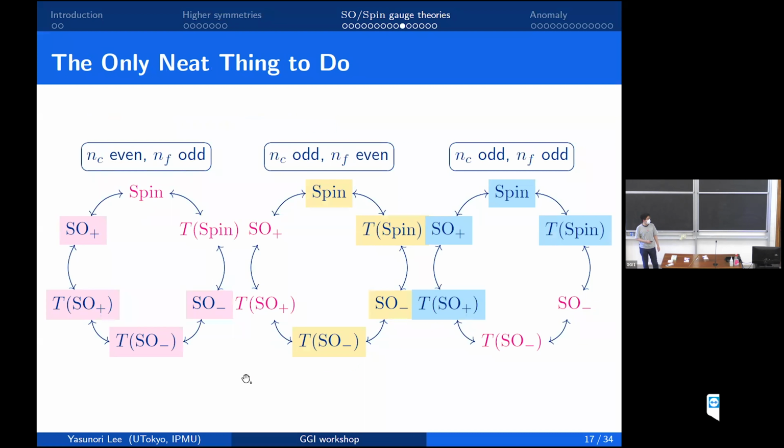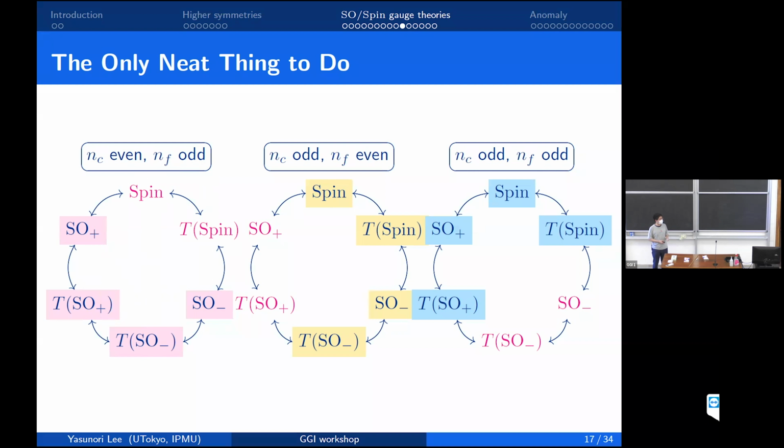Okay, so the stacked results are the following. The only possible assignments are the following. For the NC even and NF odd case, recall that we had two-group symmetry only for SO plus theories and SO minus theories. So the only possibility is that the spin QCD should have mixed 't Hooft anomaly between zero-form flavor symmetry and one-form center symmetry.